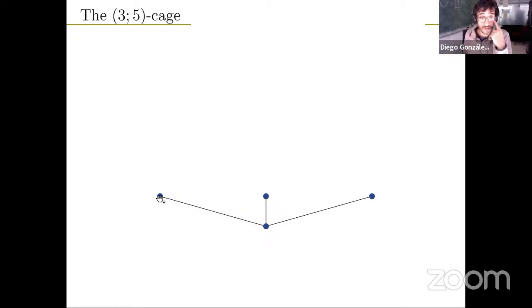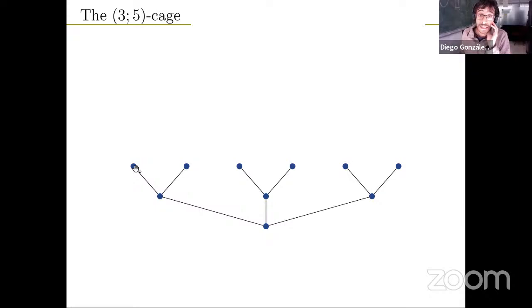Also this vertex cannot be adjacent to this one, or we have a triangle. So the 2 remaining vertices of these 3 vertices are this one, and here we have right now 10 vertices.